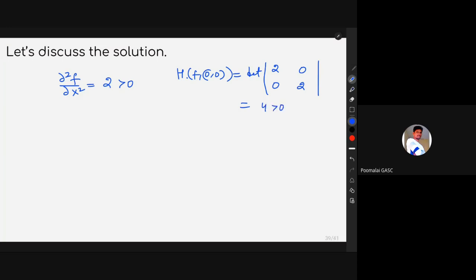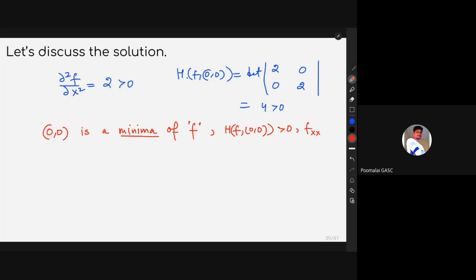Okay. So what does it suggest? If I use the second derivative test, it suggests that 0 comma 0 is a minima of f, correct, because the Hessian of f is positive, which means you can talk about the nature of this critical point.